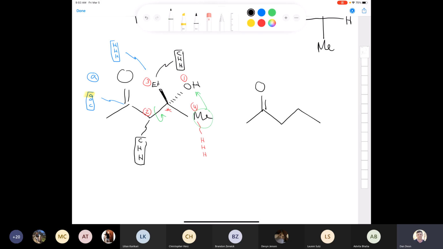We have our carbonyl here, okay? If the methyl moves up in the back, like this, then our hydroxyl is going to be in front, like this, and our ethyl group is going to be down here, when we rotate that bond.